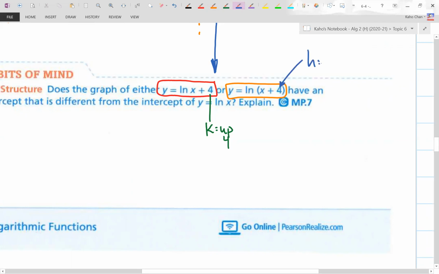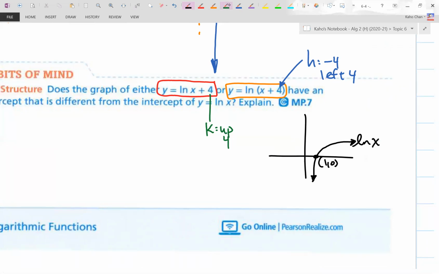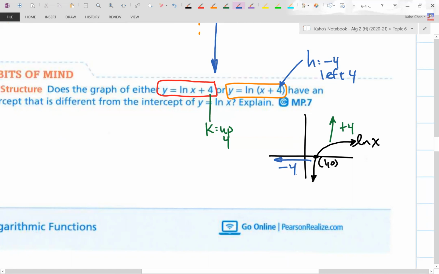This is h, negative 4, which means it's going left 4 units. So that's how those relate to the original function, ln x. Okay? Up 4 is different from the other one, left 4. Very good. Let's go to the next page.